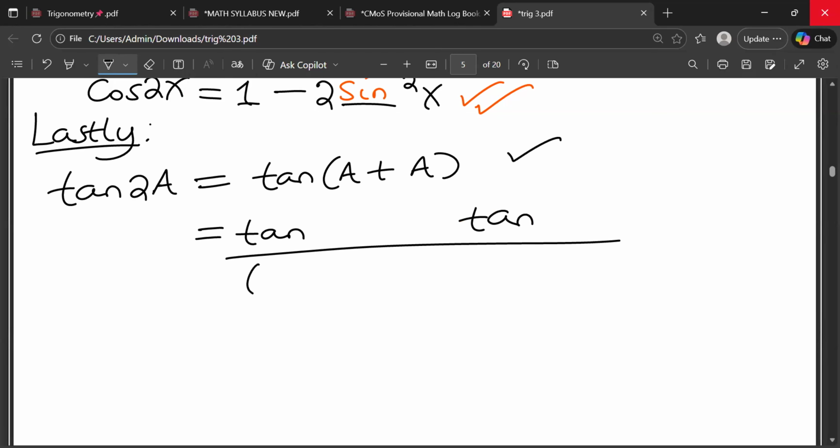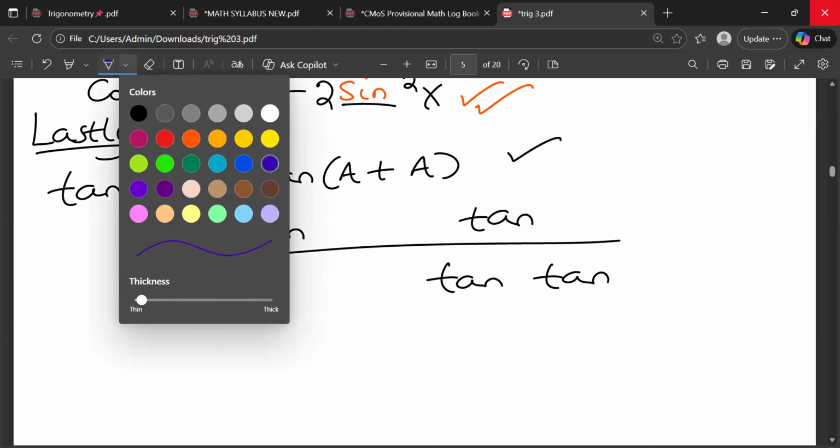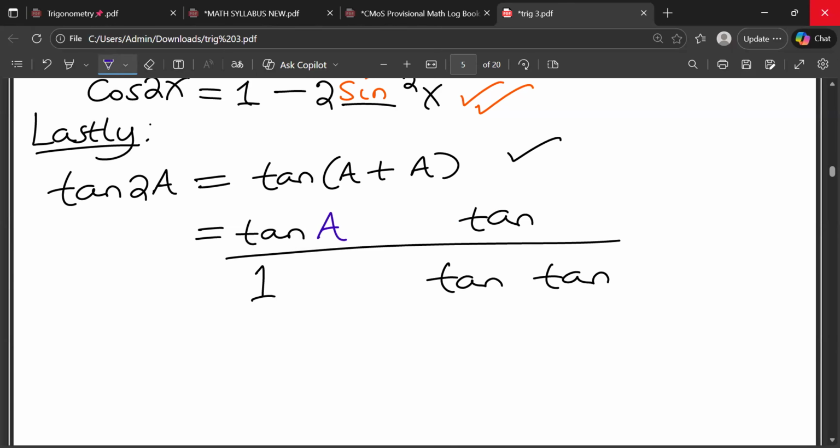Then after that, you put here a 1. Then you come here and set tan tan. So you know what to put here. This is a, this is a, this is a, and this is a. And because of this plus, this will be a plus, and here it will be a minus. Then you conclude and have your answer.